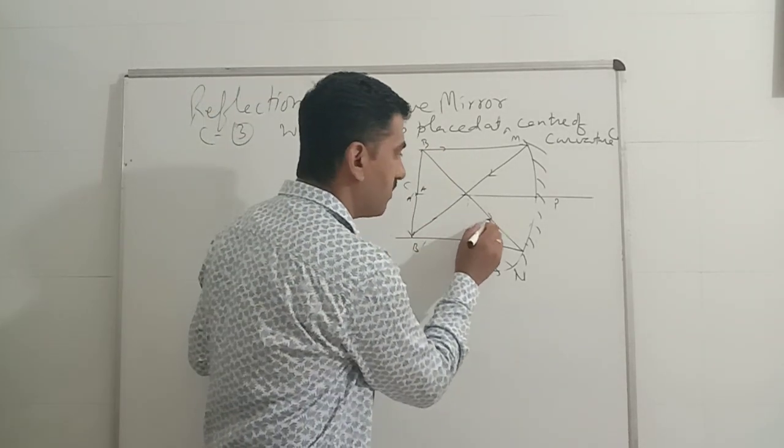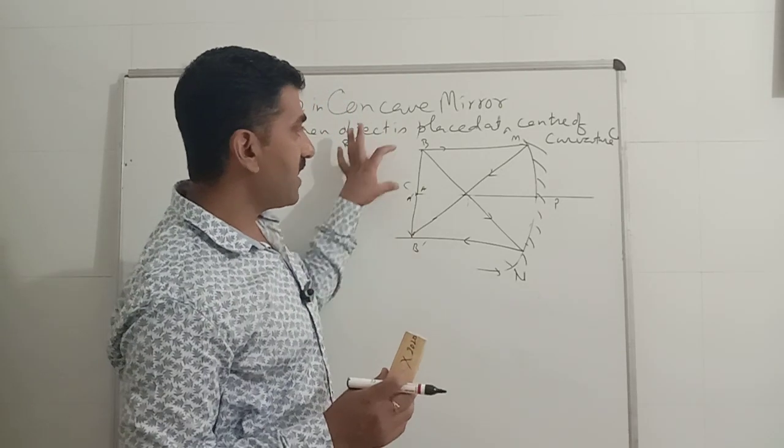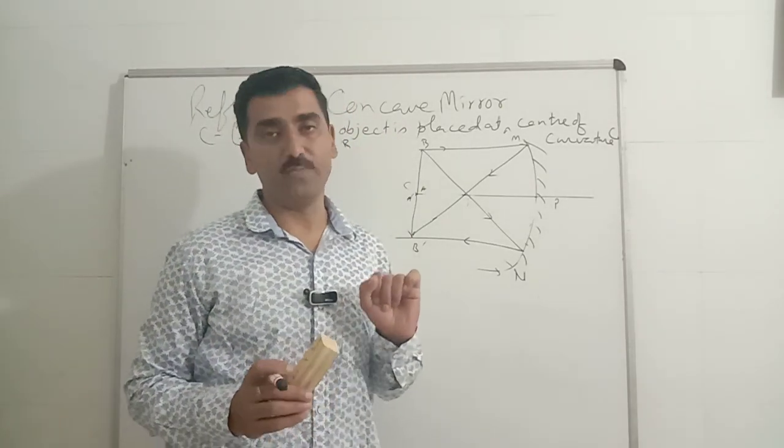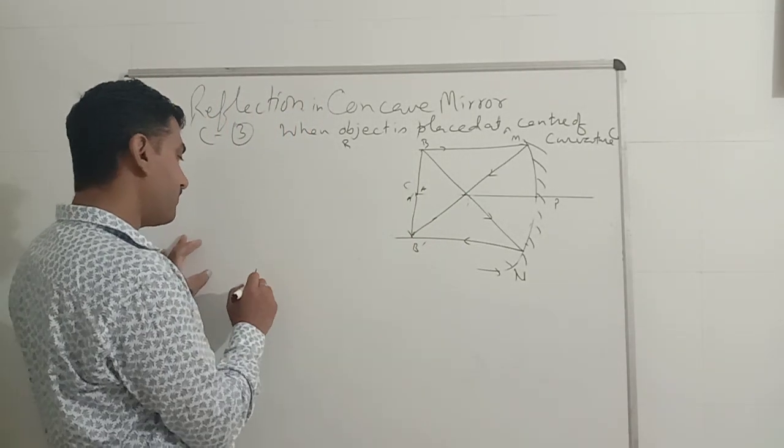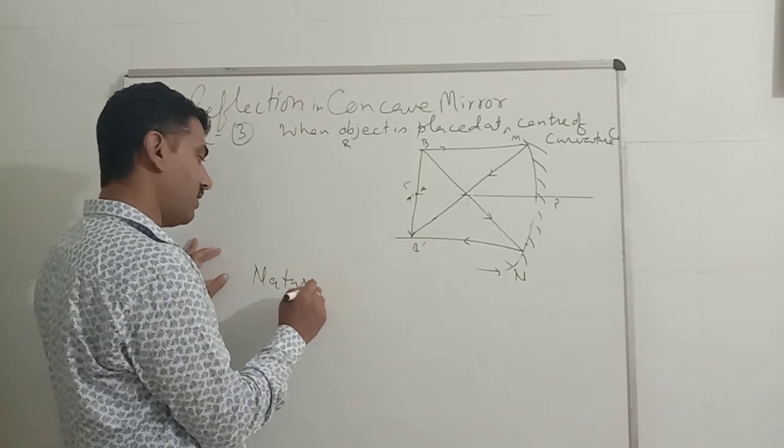Again, a real and inverted image of the same size as that of the object. So this is the nature, and you have to write the nature.